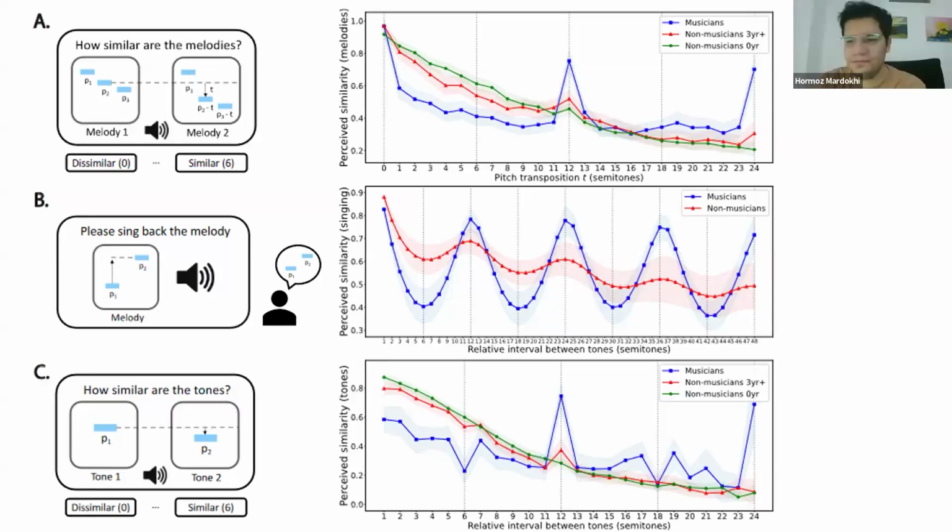Thank you. Can I ask a question? Isn't it a bit misleading to label them non-musicians with 3 or more years of experience, although self-reported? Yeah, of course. I'd have to go back and check the exact wording of this, but I don't know if the 3 years were training or just experience.